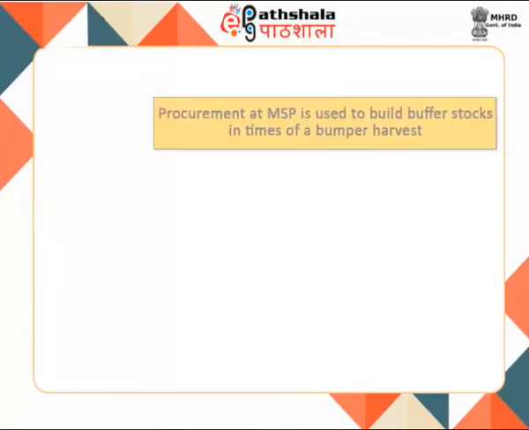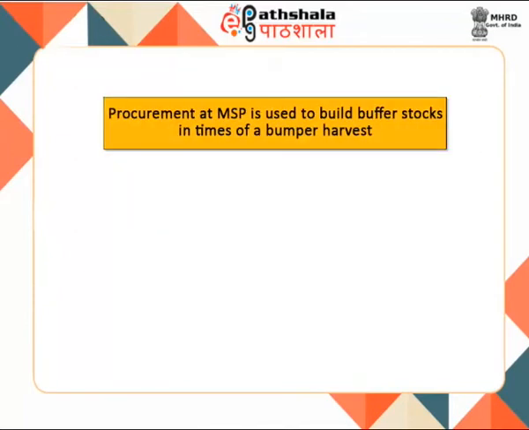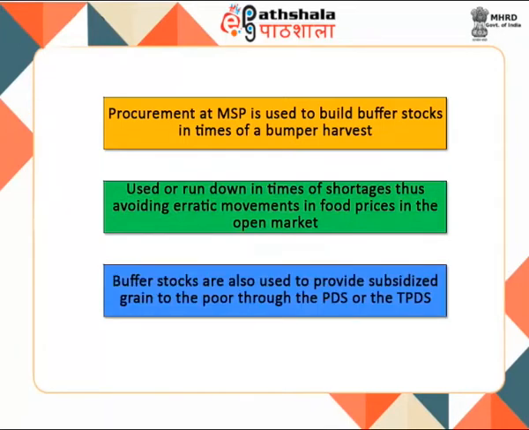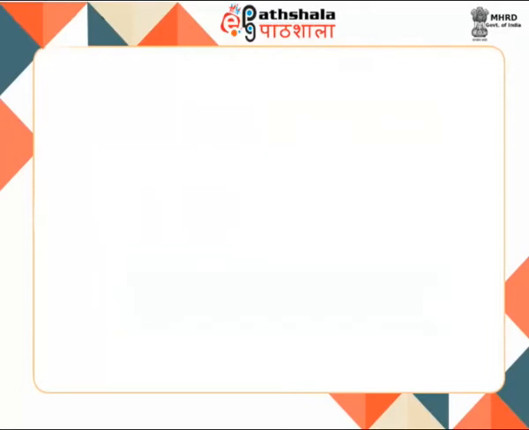Hence, the procurement at MSP is used to build buffer stocks in times of a bumper harvest, which are used or run down in times of shortages, thus avoiding erratic movements in food prices in the open market. These buffer stocks are also used to provide subsidized grain to the poor through the PDS or the TPDS.